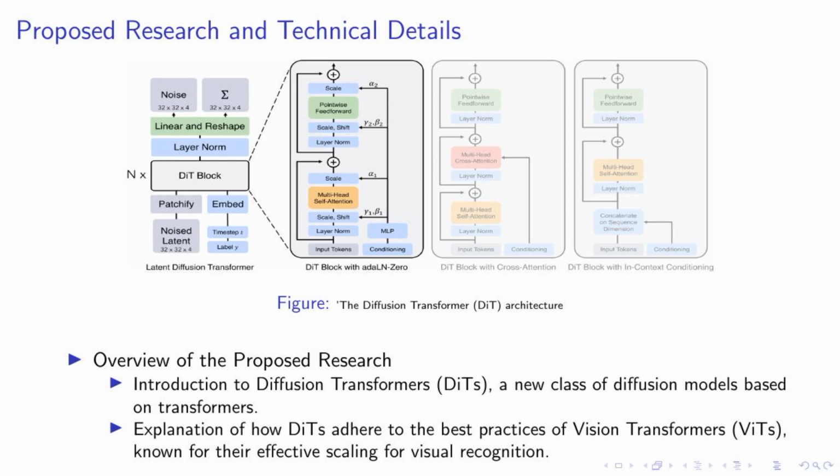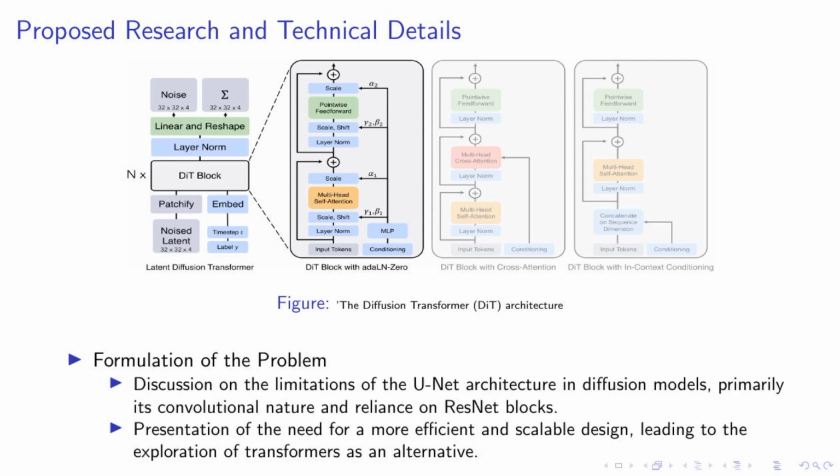This is to retain its excellent scaling properties, which have been proven effective in vision transformers or ViTs. ViTs are known for their superior scaling capabilities in visual recognition tasks. By adhering to the best practices of ViTs, DiTs are poised to bring about significant advancements in the field of diffusion models.